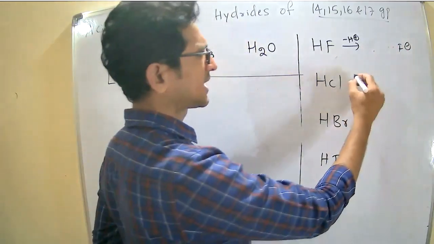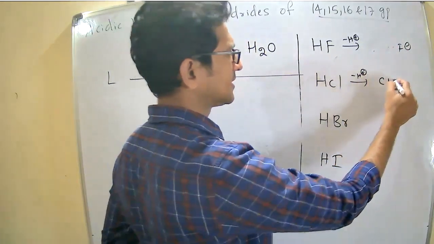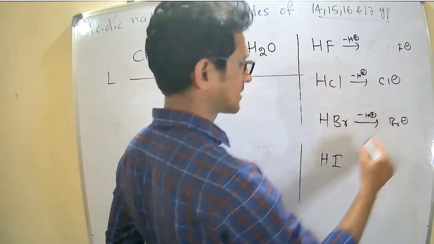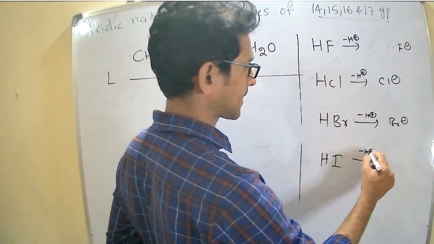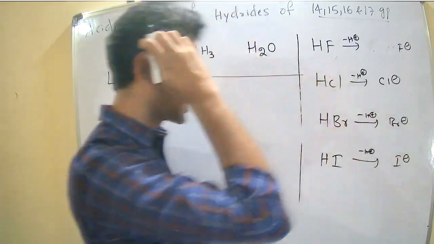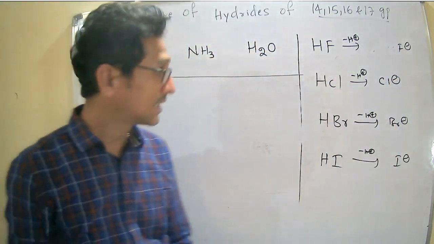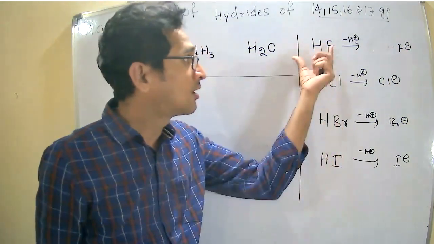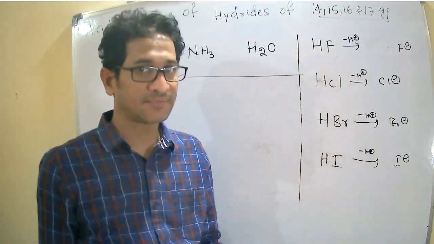Similarly, all lose H plus ions, giving Cl minus, Br minus, and I minus.